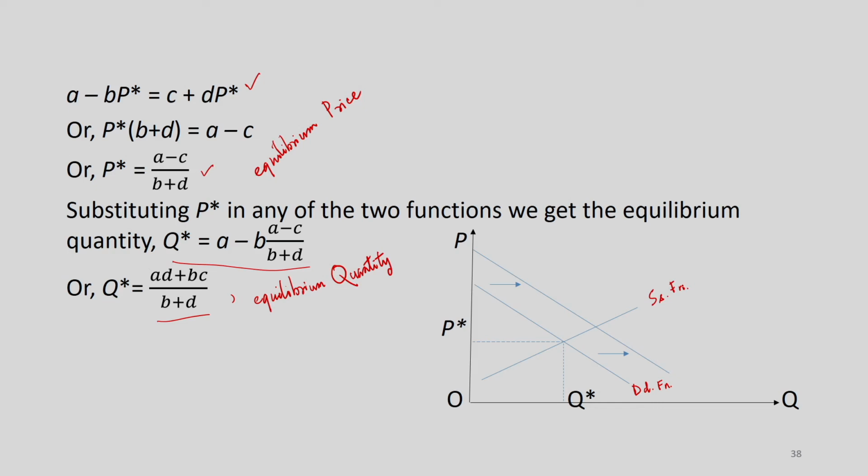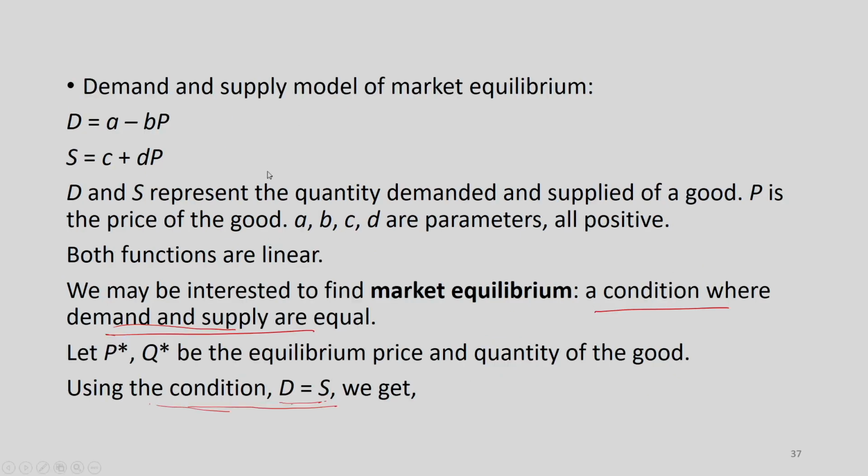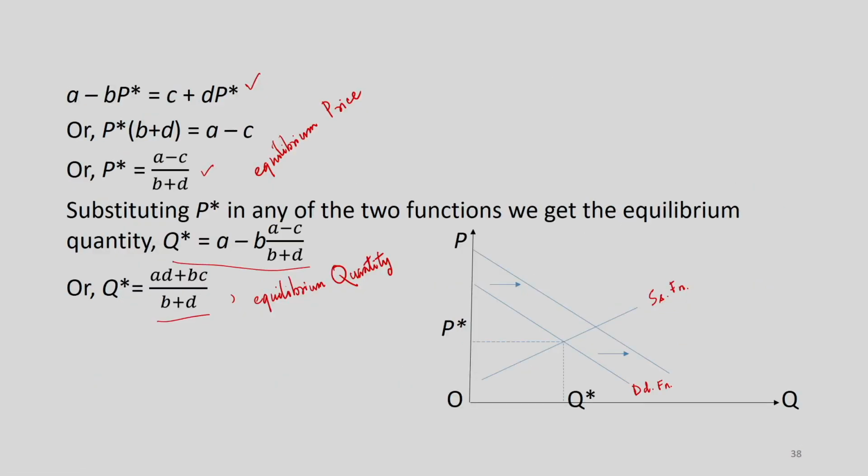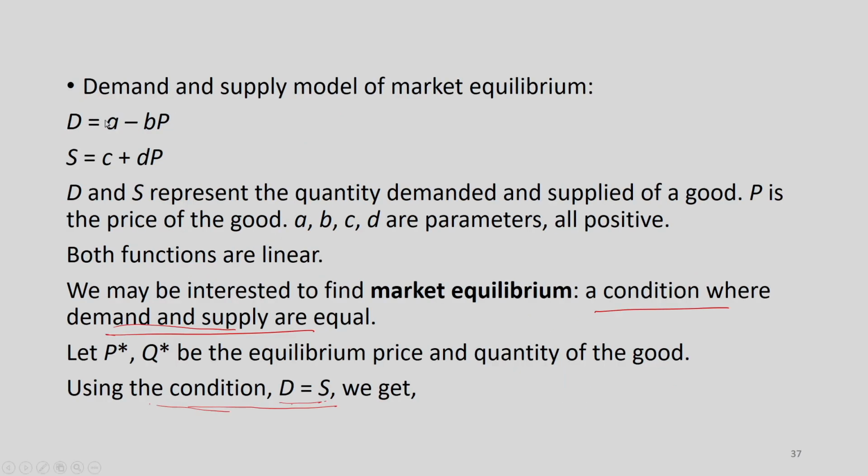You can see the supply function is an upward rising line because you have this C plus dP, this is S, and we know it is going to be an upward rising line if D is positive, and D is indeed positive. And the demand function is a downward sloping line because what is the demand function?